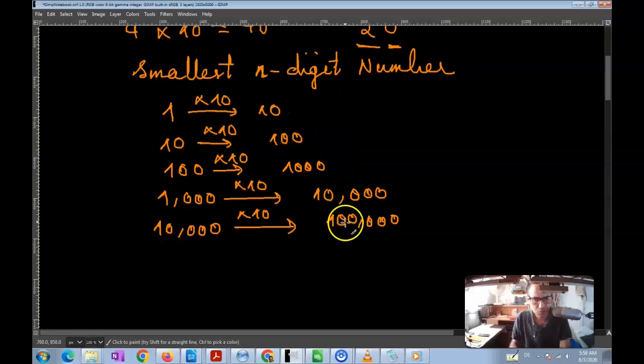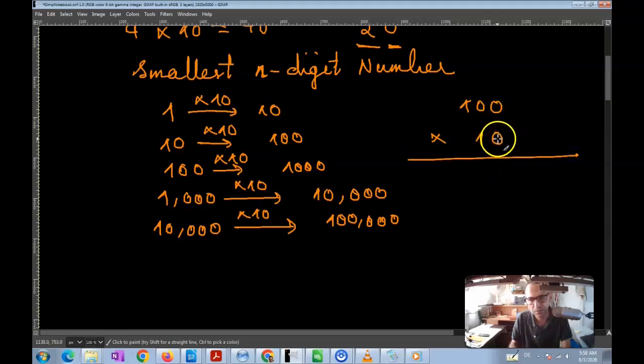Let's do one example over here and see what happens when you have 100 and multiply it by 10. You know that 0 times anything is 0, so the first row would be 0, 0, and 0. Then we have 1 times 100, which is 100.